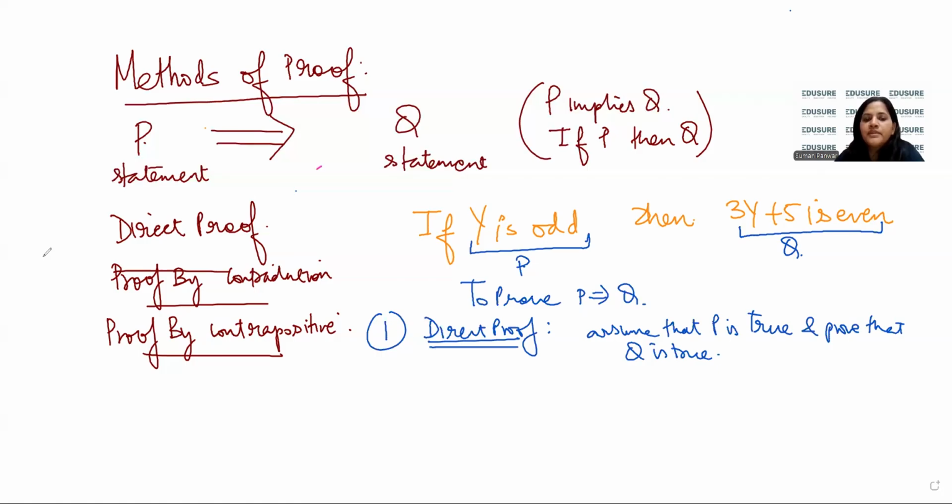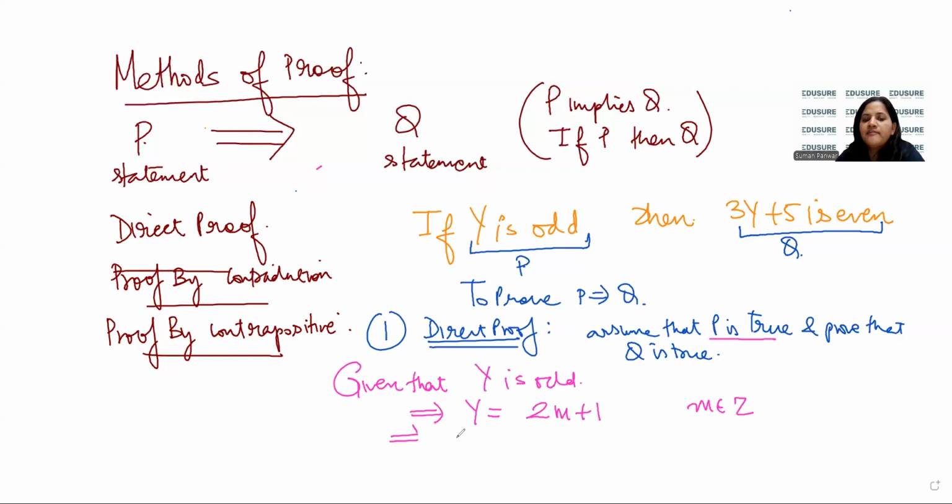Given that, if we assume that P is true, it means y is odd. So what does it mean? It means that y is equal to 2m plus 1, where m is an integer. Any odd number can be written like this.